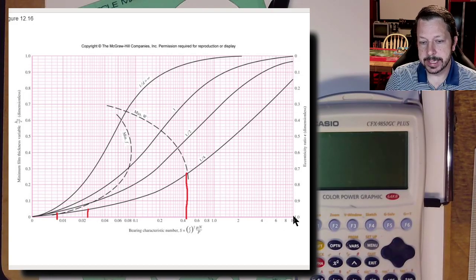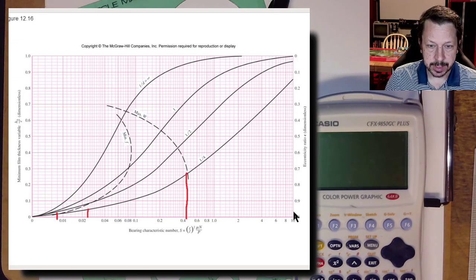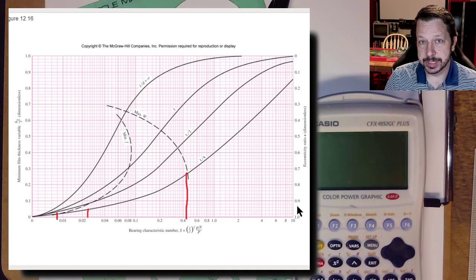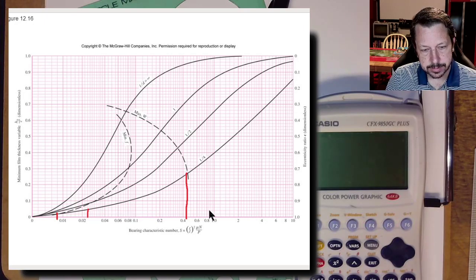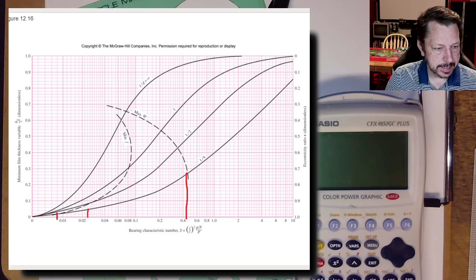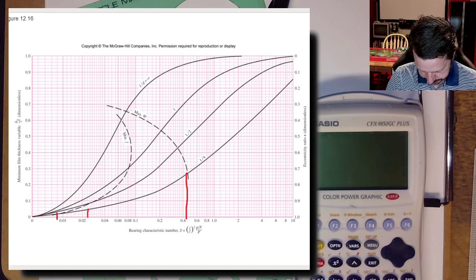If you're at 1 down here, then you are actually contacting the bushing. And this is basically a percent in between those two extremes. We're at the really close to contacting range, so we could just read this off of the chart and get 0.95, or there is an equation which is basically the same thing.